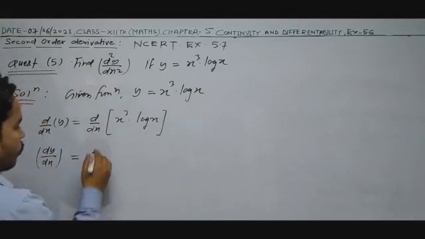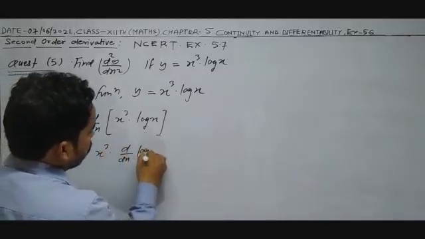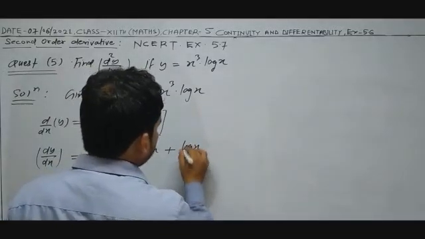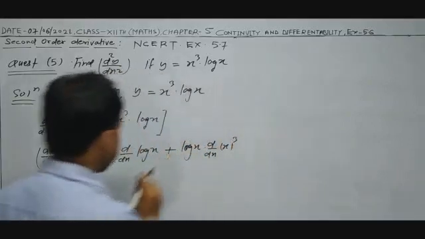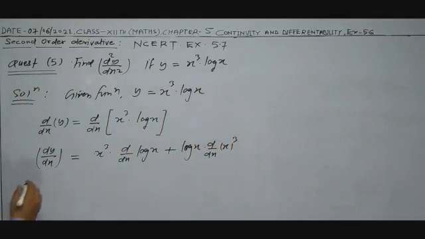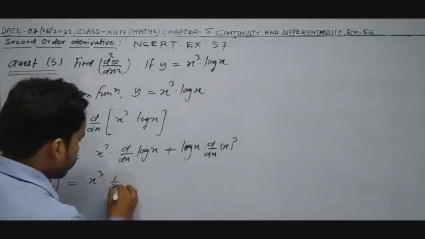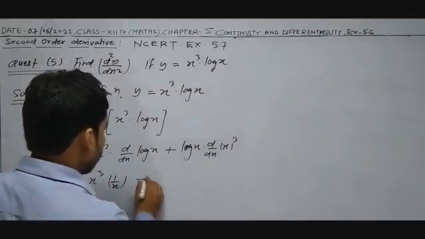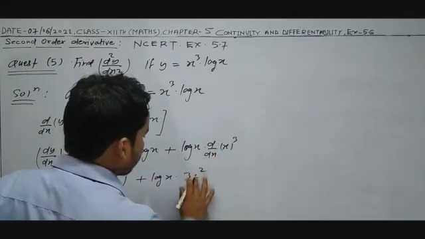So apply the product rule. First function times derivative of second function plus second function into derivative of first function. So its result will be dy by dx is equal to x cube into 1 by x, its differentiation is 1 by x, plus log x into 3x square.